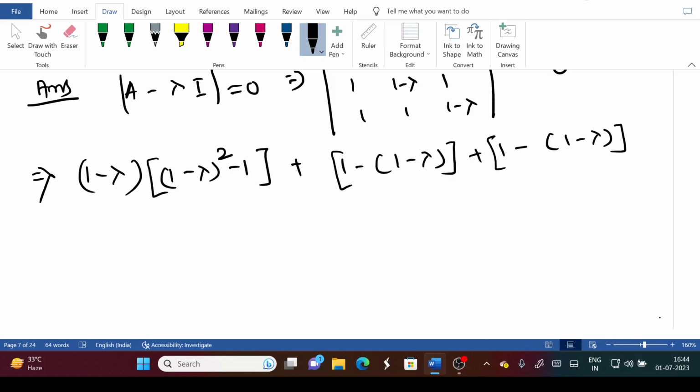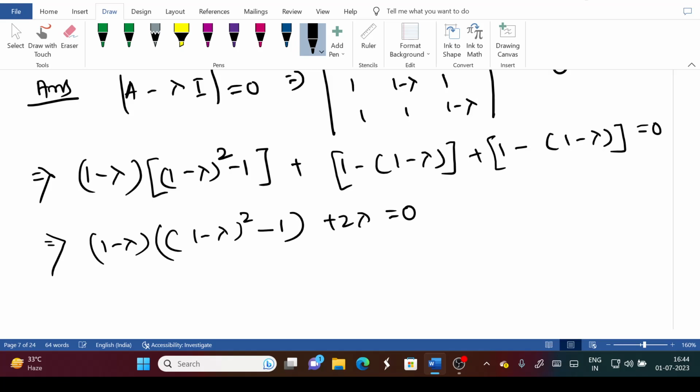From here we are getting 1 lambda, from here we are getting 1 lambda, and the 1s get cancelled. So this implies (1 minus lambda)((1 minus lambda) squared minus 1) plus 2 lambda is equal to 0.